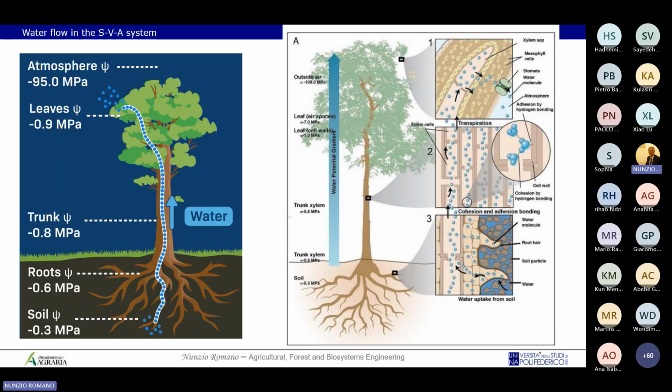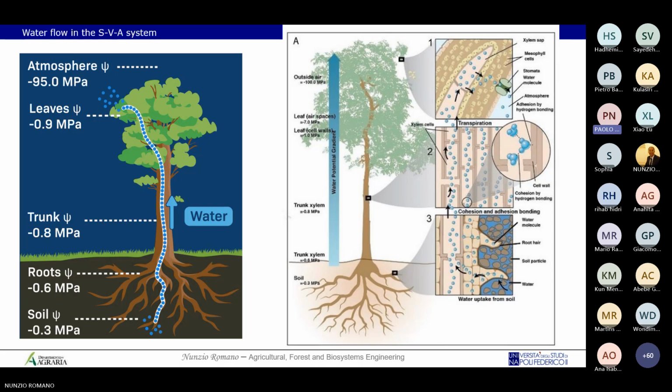Minus 0.8 megapascal is lower than minus 0.6 megapascal in total water potential. So this is why water goes against gravity and moves upward to the leaves and then transpires to the atmosphere that on average is about minus 0.5 or 100 megapascals. Any questions?